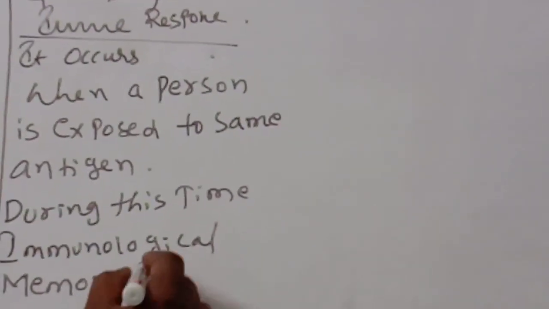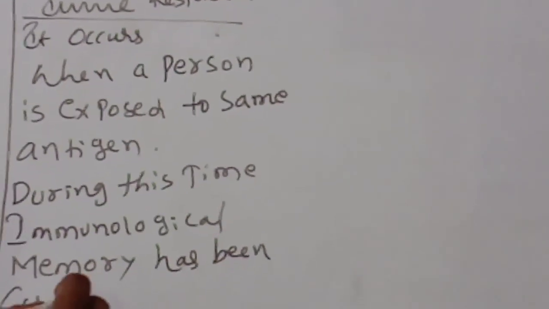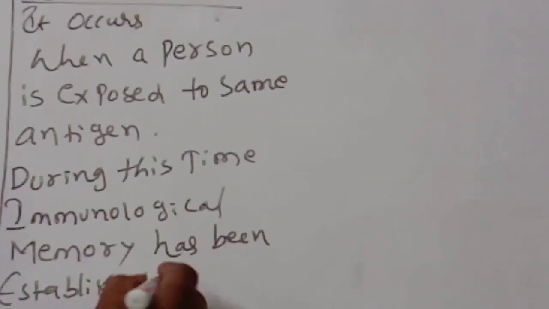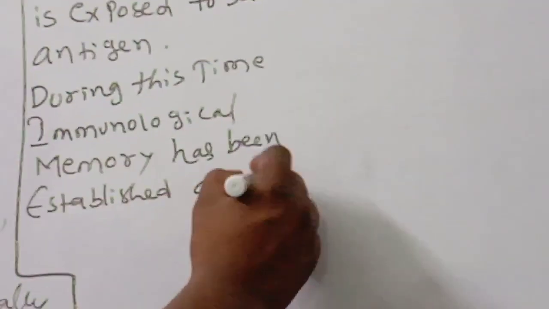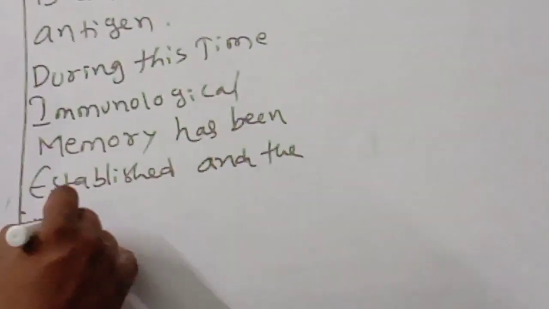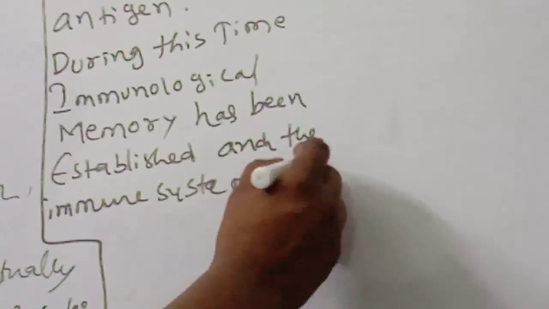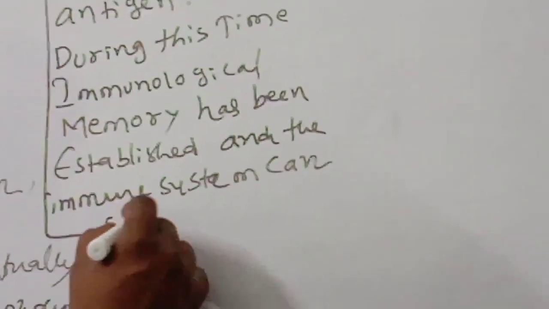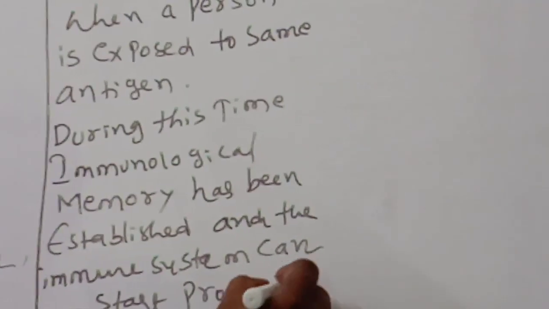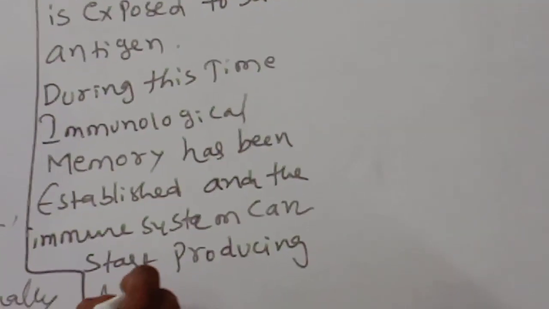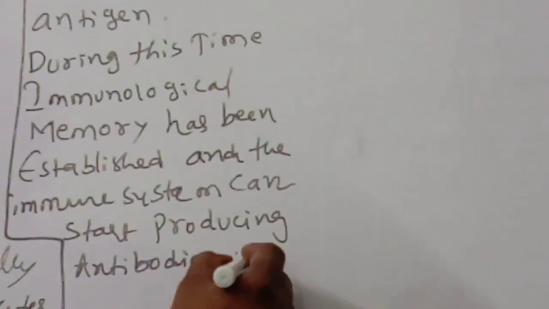Immunological memory has been established, and the immune system can start producing antibodies. Okay, children, immediately.